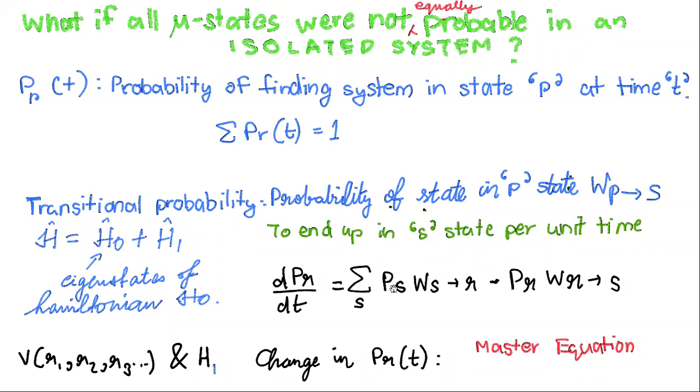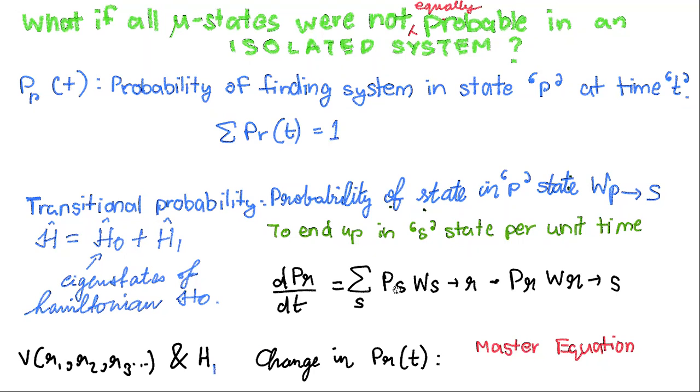If probability is an abstract concept, you can also convert it into the number of systems which are in state S, times the transition probability that the system is going from S to R. That is going to lead to an increase of the probability of the system being in state R. Or if a certain number of systems are going from S to R, the number of systems in R is going to increase, right?